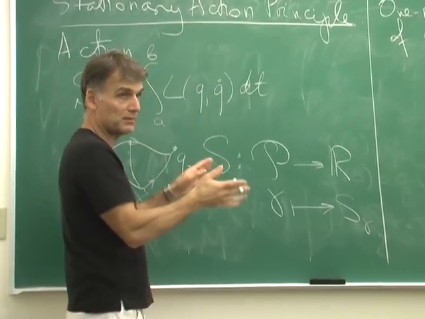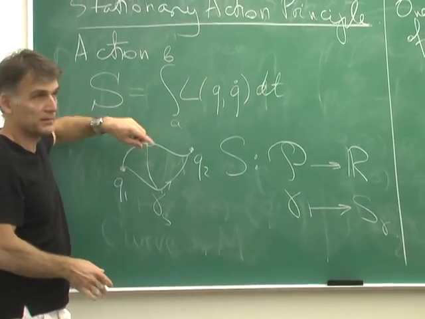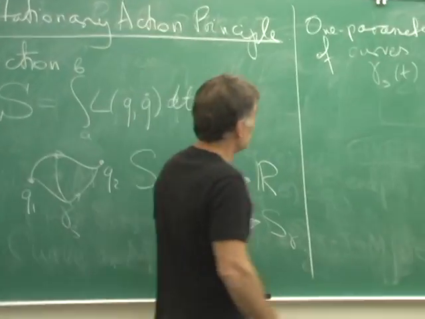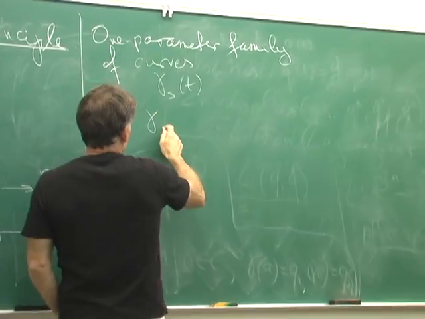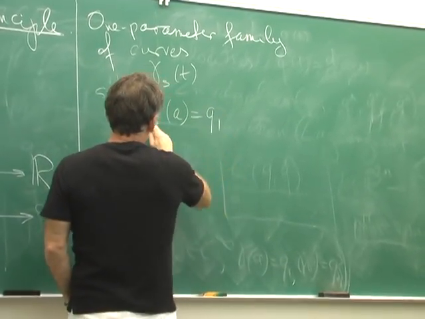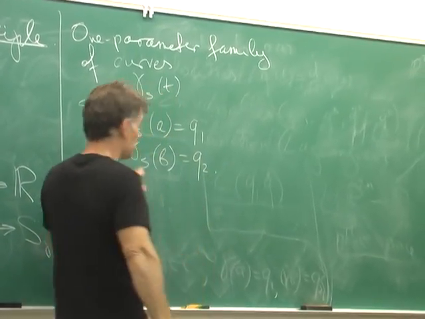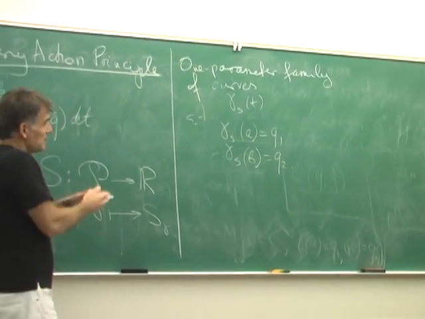So if you move both of them, you get a surface that they span with this point being fixed. Is that clear? So you get gamma s of A is Q1 and gamma s of B is Q2. So these are fixed points. But s is a parameter.